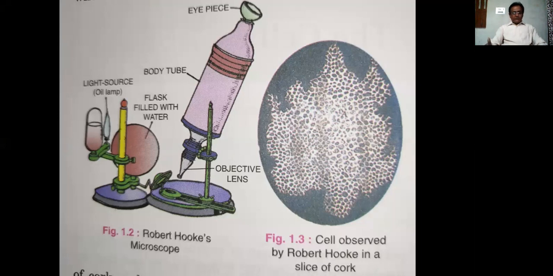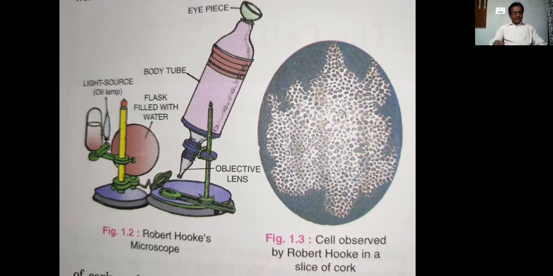What is a compound microscope? A microscope having more than one biconvex lens. The biconvex lens is the magnifying glass. When we observe anything under the biconvex lens, we see it in magnified form.